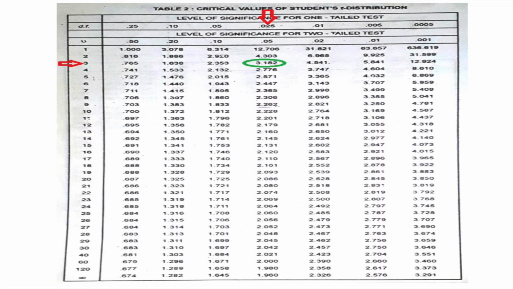We know that degrees of freedom for T statistics in this case, n minus k, is 3. Therefore, look at the third row and fourth column to find the critical T value. You may see 3.182 at that cell. This value is the critical value of T statistics.